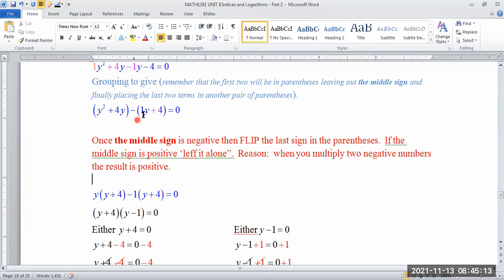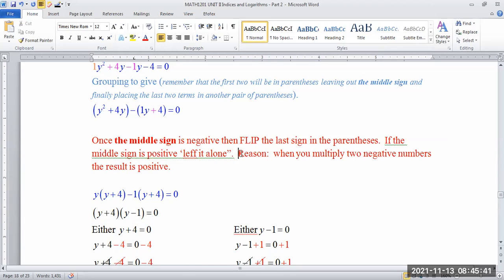So now that we understand why this sign here is flipped, and this only happens when the middle sign is negative. If the middle sign is positive, leave the last sign in the parentheses alone. And why do we flip it? Because when you multiply two negative numbers, you get a positive number.